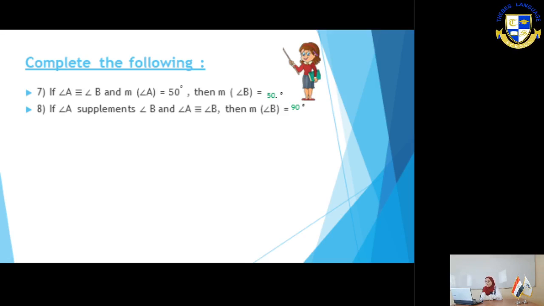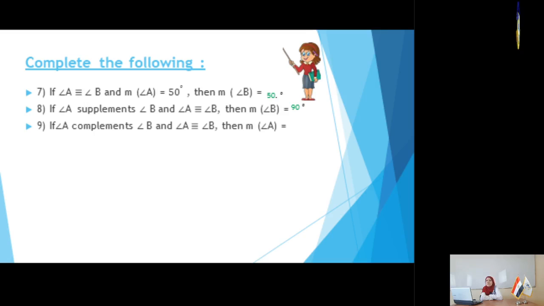Number 9, if angle A complements angle B, complementary angles, that means the sum of their measures equals 90. And angle A is congruent to angle B, that means they are equal in measure. So the measure of each angle, angle A, will be 90 divided by 2 equals 45 degrees.